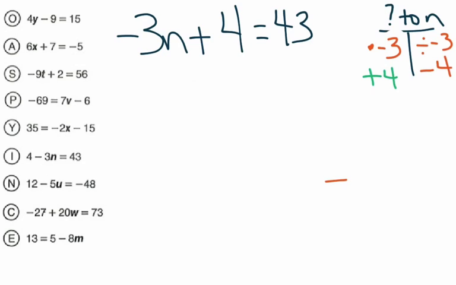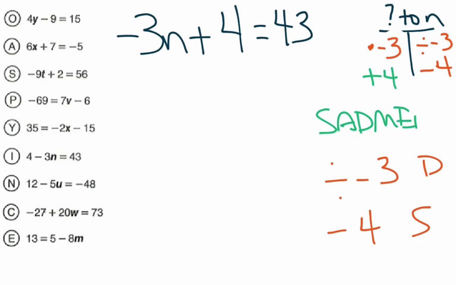So we're going to be dividing by negative 3, which is division, and we're going to be subtracting 4, which is subtraction. And if I look at the reverse order of operations, I notice that subtraction comes first. So the very first thing that I'm going to do is subtract, and then I'll divide.